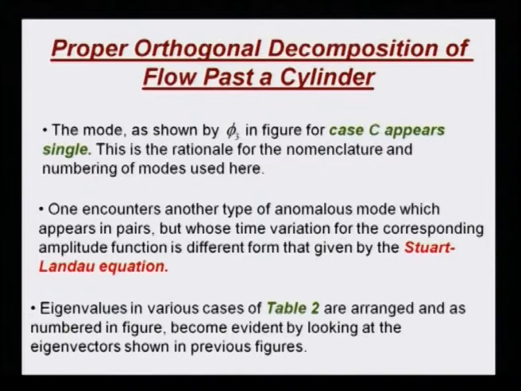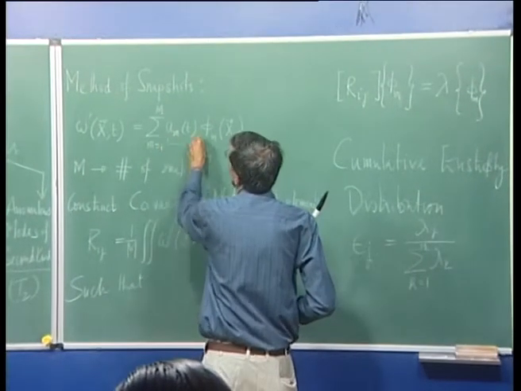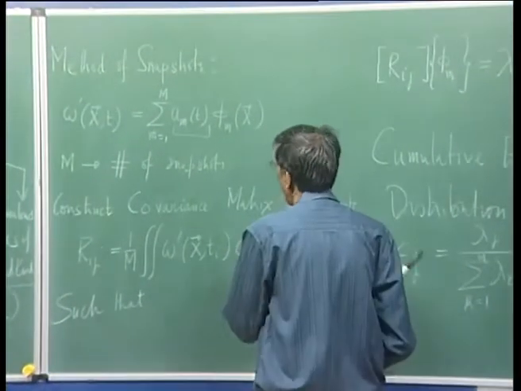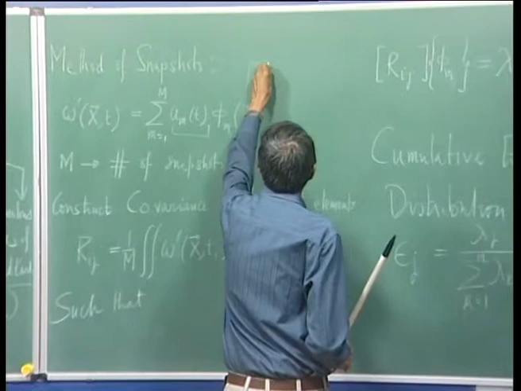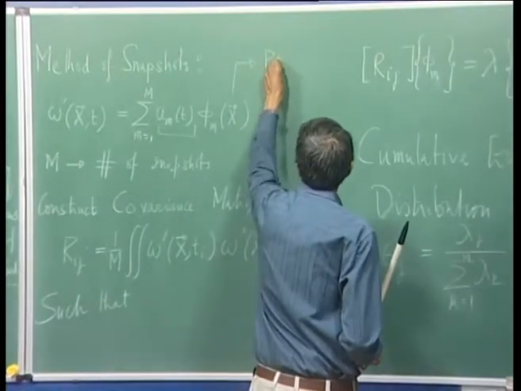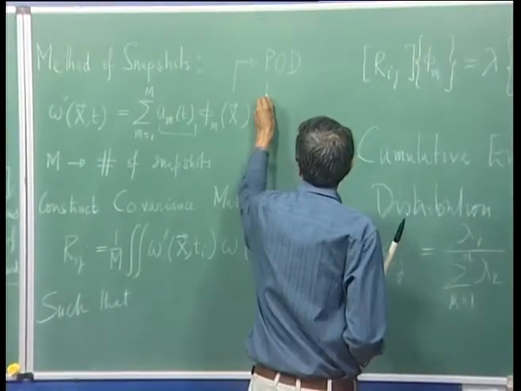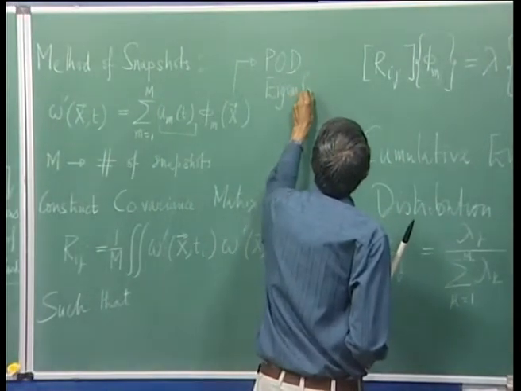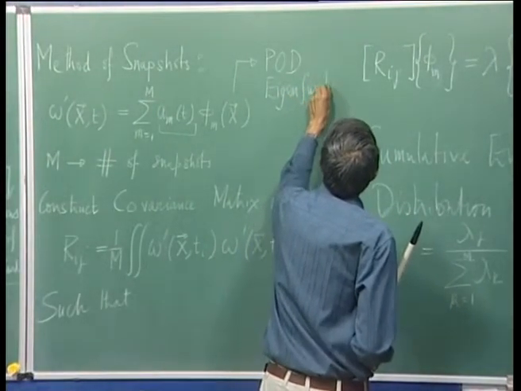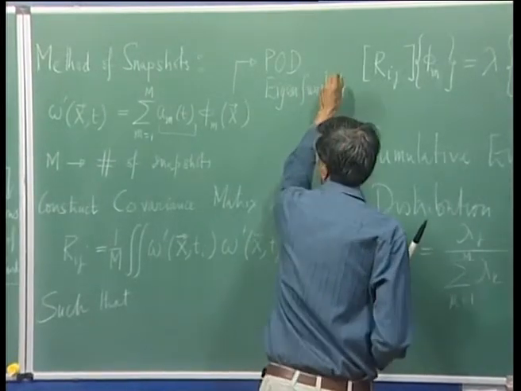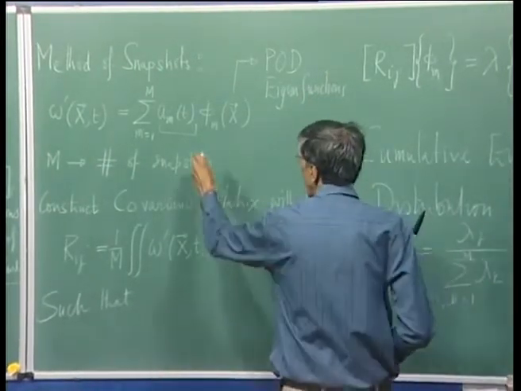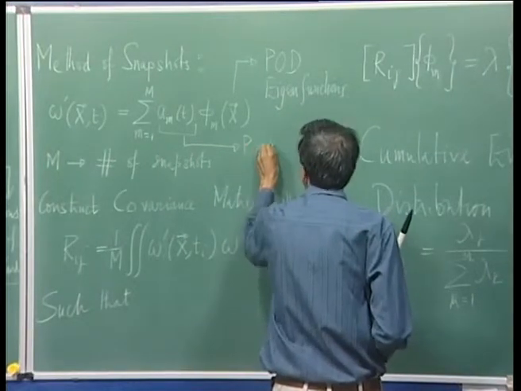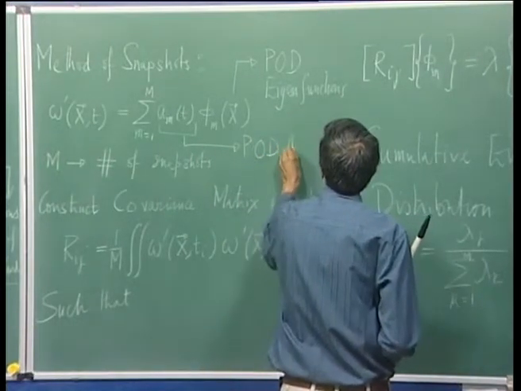Time variation is given by this. Okay. So what we say, this is our eigenfunctions, POD eigenfunctions. And this is what we will call POD amplitude functions.